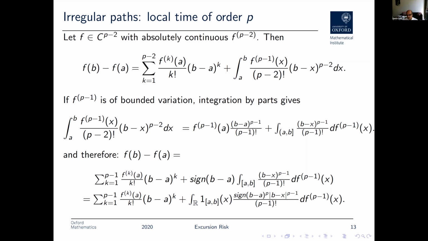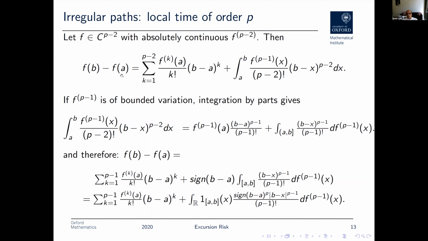And the idea, just like in the proof of the Ito formula, is to do a Taylor expansion of the increments of a function computed along the path. So let me just show you where this formula comes from. Forget paths and rough signals and so on. Let's take a smooth function f, which is C^(p-2), so continuously differentiable of order p minus 2, and whose (p-2)th derivative is absolutely continuous.